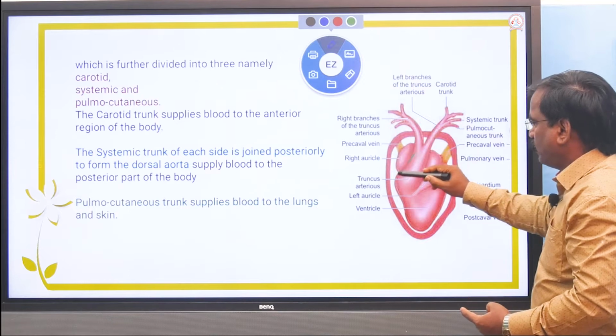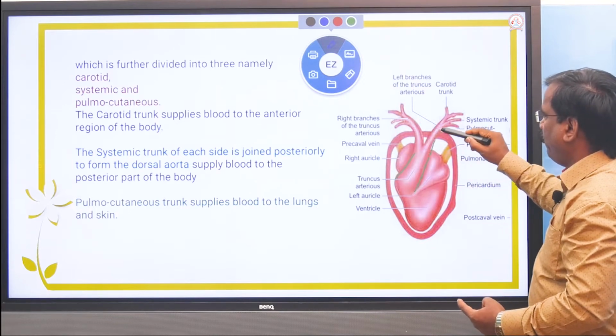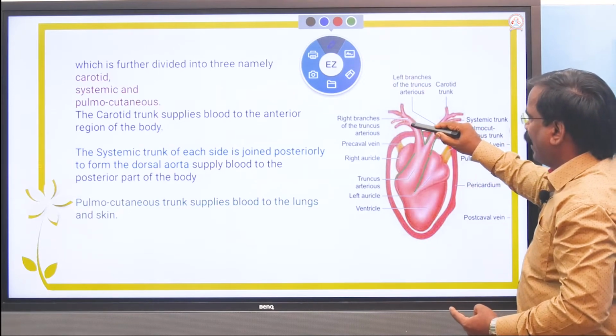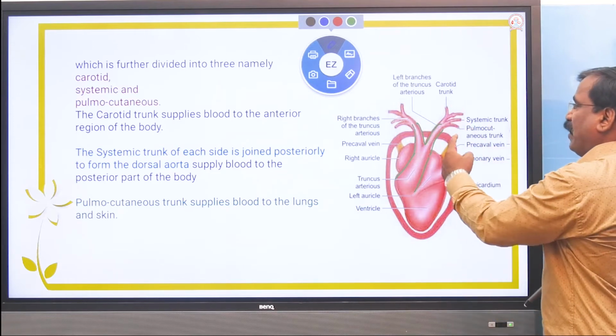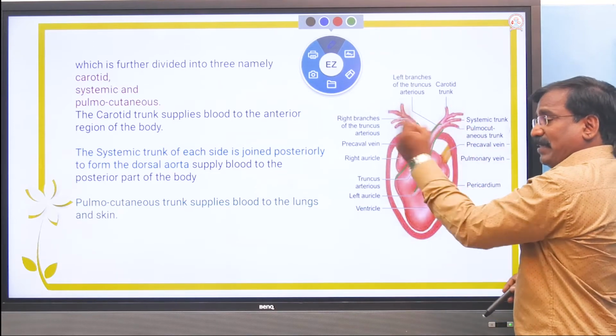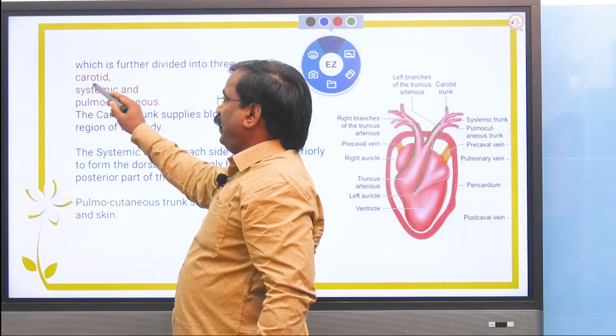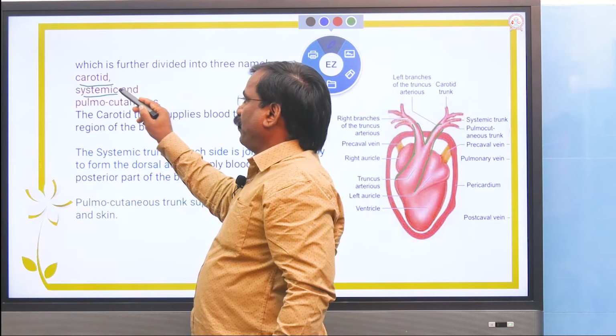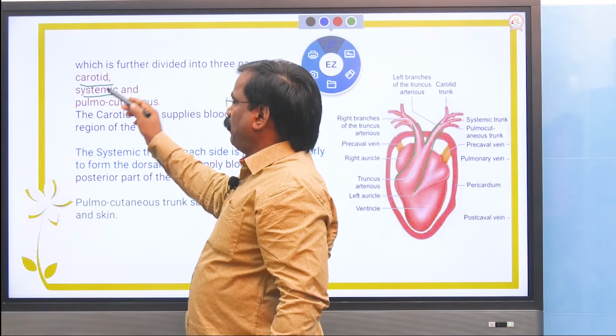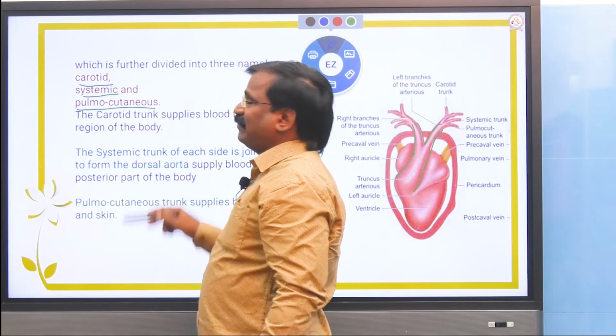Each is then further divided into 3 branches: the carotid trunk, the systemic trunk and the pulmocutaneous trunk.